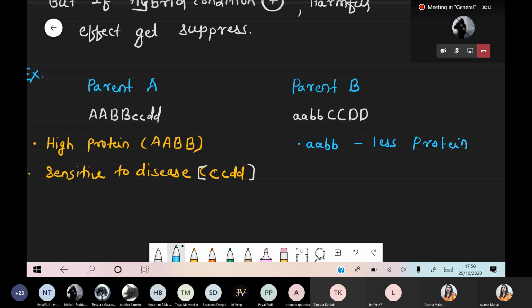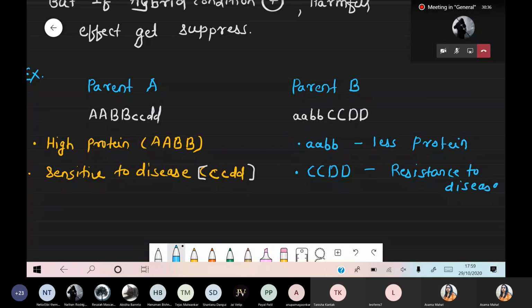So here there is a loss, a harmful effect because they are present in recessive. But due to the presence of capital C, capital C, capital D, capital D, these show resistance to disease. So improved variety, improved quality, resistance to a particular disease.